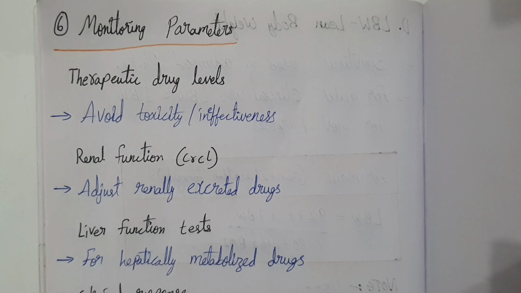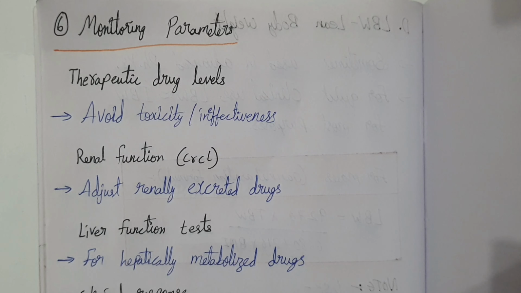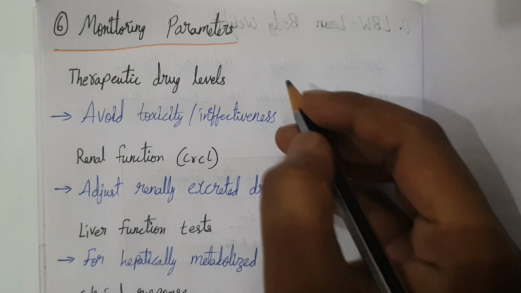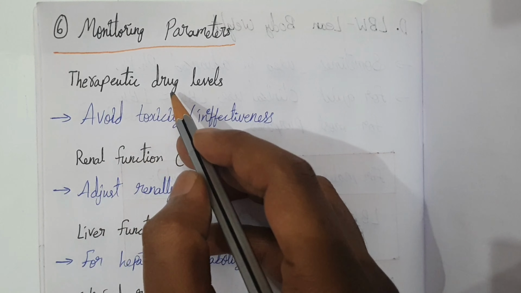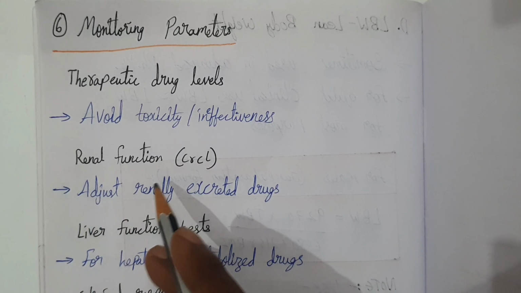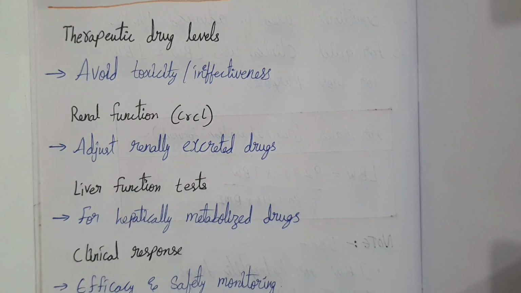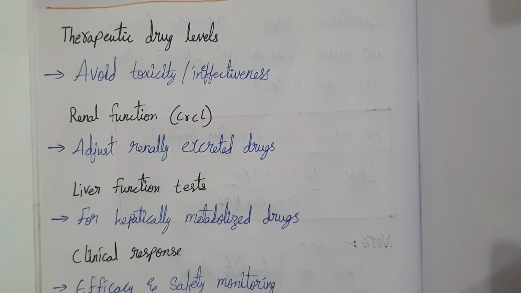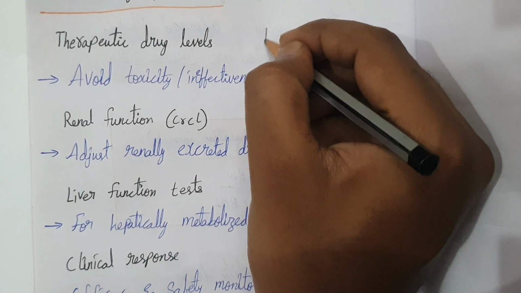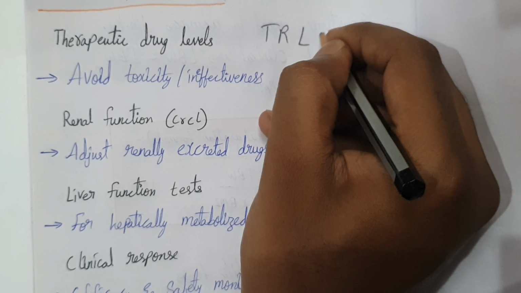So now we have given the dose, but we don't stop after dosing. Monitoring is just as important as adjusting the dose. We have to monitor therapeutic drug levels, renal function, liver function, and clinical response. You can think of TRLC.